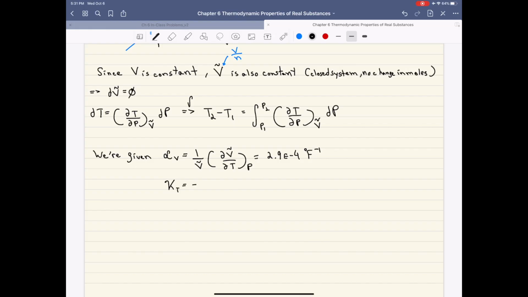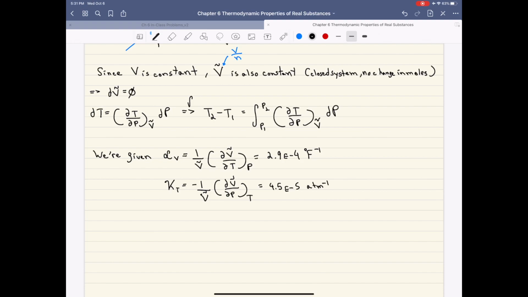And kappa T, which is this, dP at constant T, is equal to 4.5 e to the negative 5 inverse atmosphere.